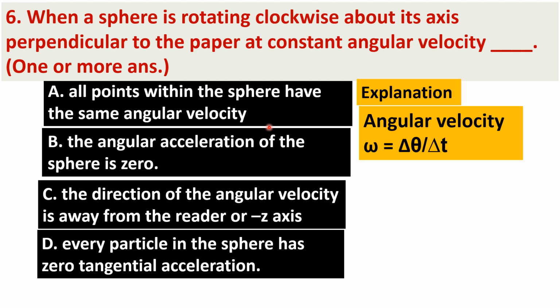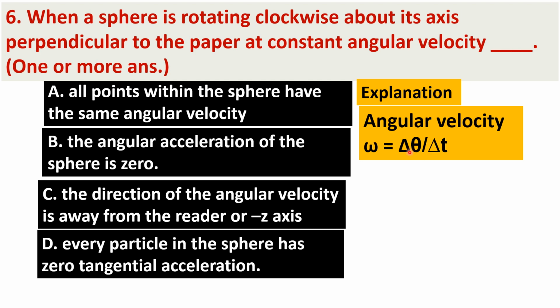Imagine a line perpendicular to the screen; the axis may be pointing either towards you or away from you, towards the viewer or away from the viewer. Let's continue before we explain that further, because it has something to do with option letter C. So this is the meaning of angular velocity.